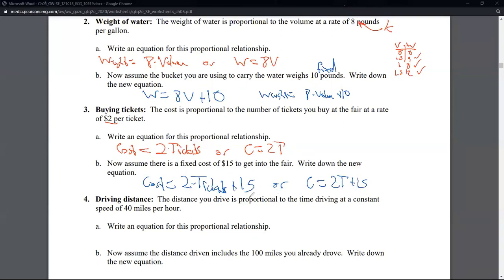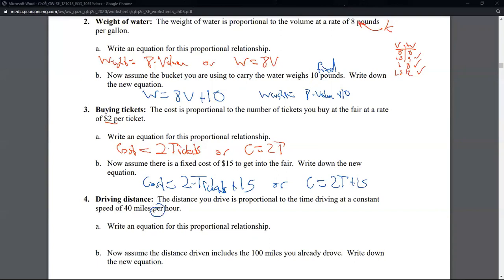Someone could just say you're driving 40 miles an hour, and that's implying that your speed isn't changing. 40 miles per hour, that word per is a massive clue that it's a proportional relationship. Again, just that part, not accounting for the 100 extra miles, just in this parameter only. Per is a clue that that's a y equals kx kind of setup.